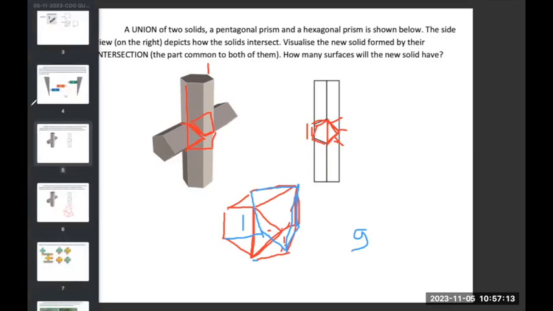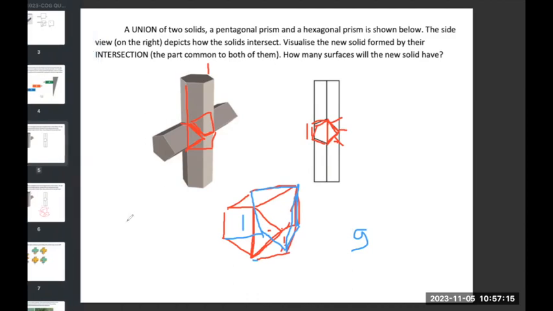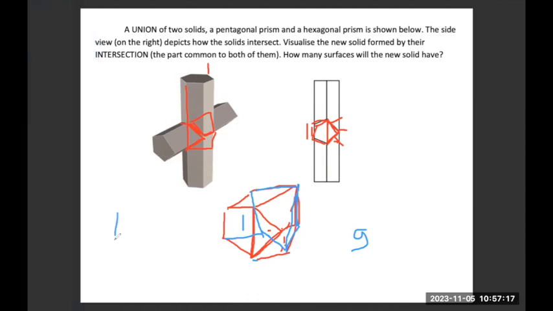Any doubts, any questions? You will get a trapezium on top here.